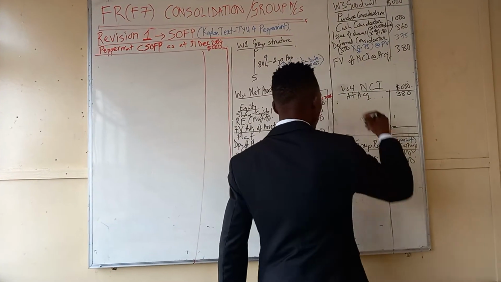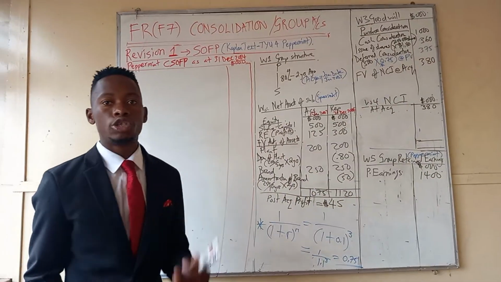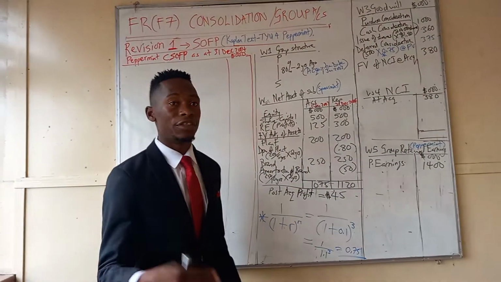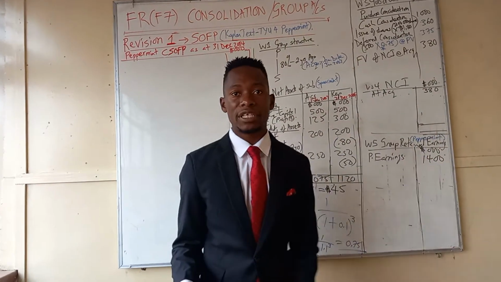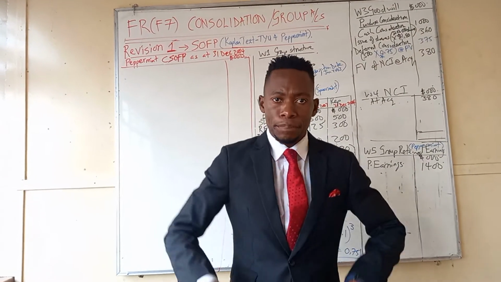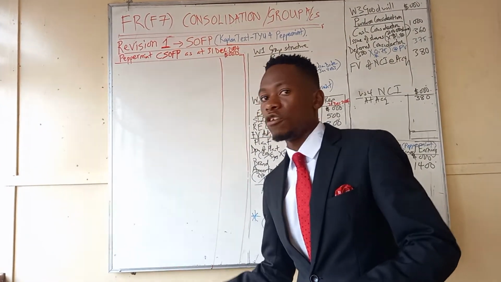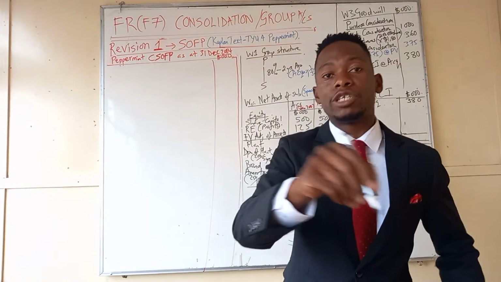Easy peasy. If you recognize these amounts, we now want to compare with the value of the company. When we talk about the purchase consideration, we are talking about the amount that was paid by the parent. Now it is versus the value of the company at the date that you acquired.